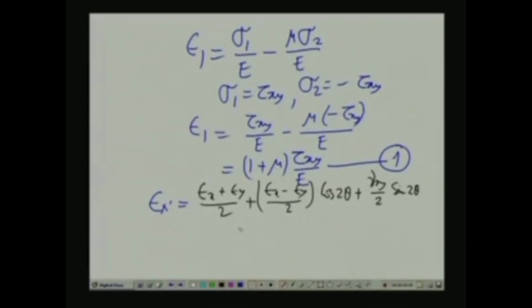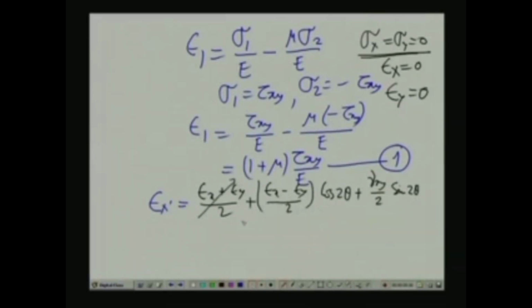Now, since the direction of principal stress coincides with the direction of principal strain, and also we have noted that sigma x is equal to sigma y equal to 0, since the normal stresses are 0, the corresponding normal strains are also 0. Epsilon x is equal to 0, and epsilon y also is equal to 0. Hence, the first term is 0.